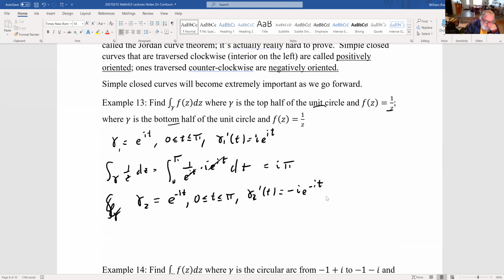Okay, so the integral around gamma 2 of 1 over z dz is the integral from 0 to pi of 1 over e to the minus it times the derivative, which is minus i times e to the minus it. Those cancel out, and we get minus i pi. So what happened here?